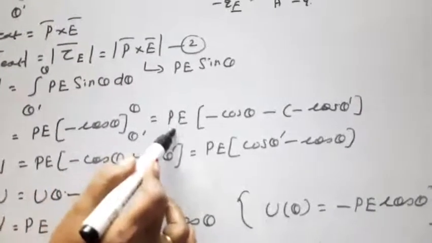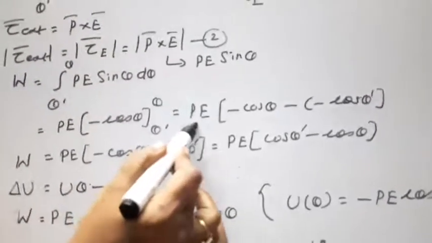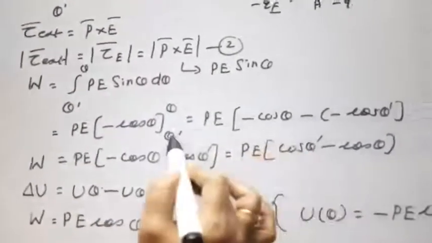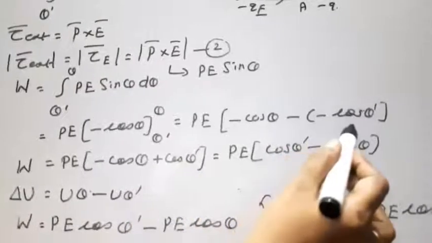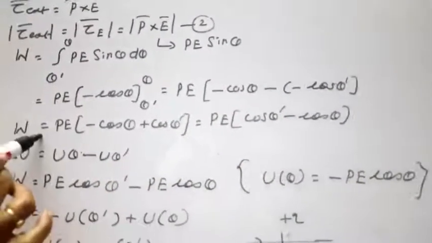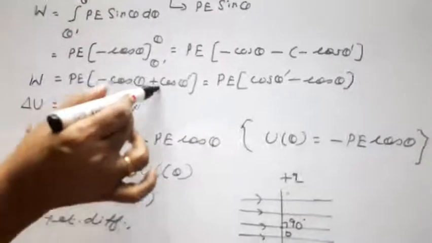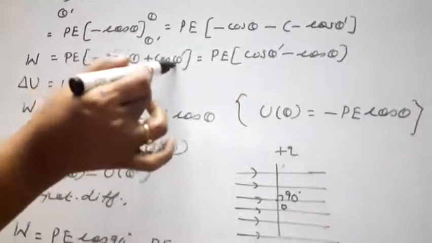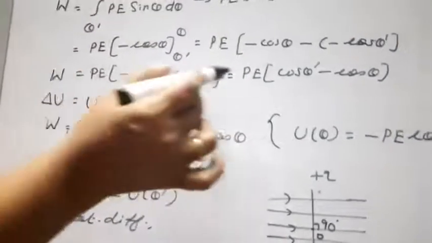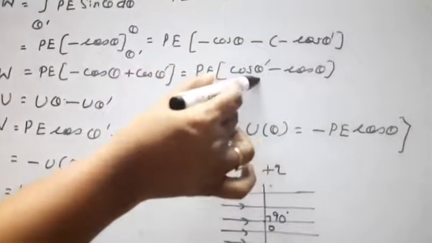Next, we can apply the limit: Pe into upper limit minus cos theta minus of lower limit minus cos theta dash. Therefore, Pe into minus cos theta plus cos theta dash. Then rearrange it: Pe into cos theta dash minus cos theta.